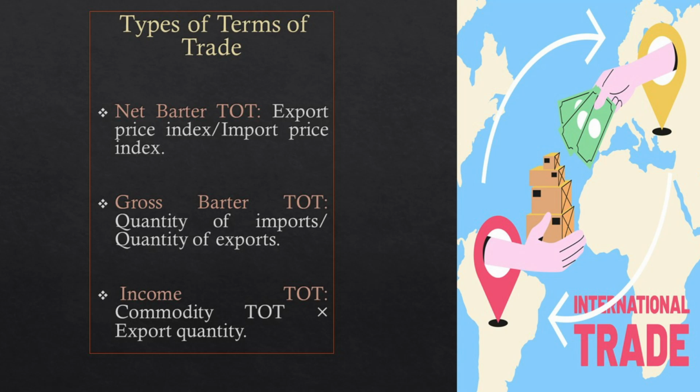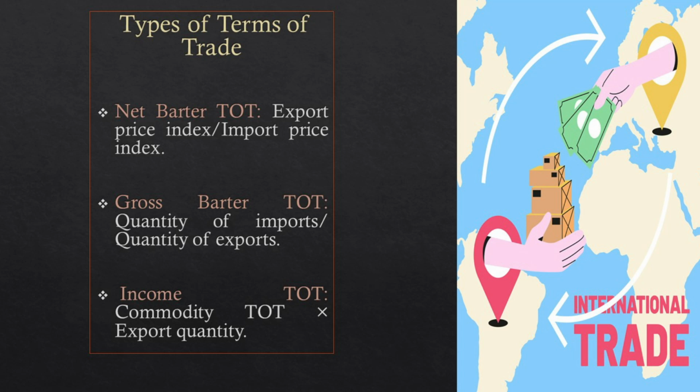In symbolic terms, TG is equal to QM divided by QX, where TG is gross barter terms of trade, QM is quantity of imports, and QX is quantity of exports.